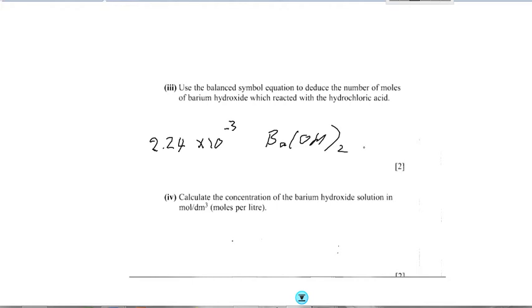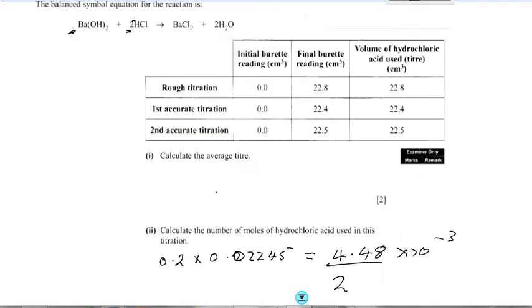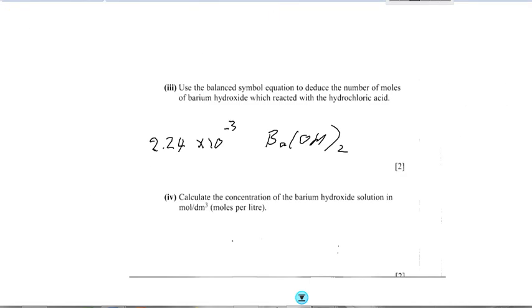And that's moles of the barium hydroxide. Okay, calculate the concentration of the barium hydroxide in moles per dm cubed. Well, if we go back to the start of the question, you'll see that that was the number of moles of barium hydroxide, and that was in 25 cubic centimeters of barium hydroxide. So if we remind ourselves of our equation, where C, concentration, equals number of moles divided by volume. Number of moles is 2.24 times 10 to the minus 3.